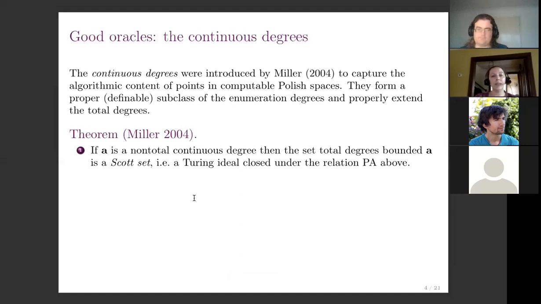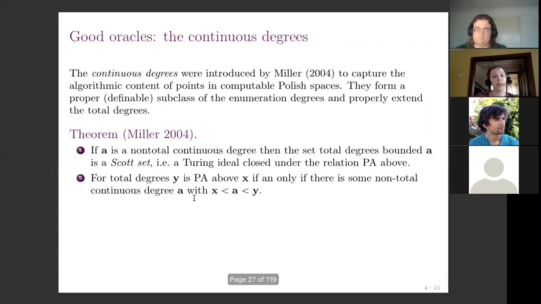It's natural to wonder what their properties are with this relation, because we already know that they behave well with respect to the relation PA in particular. We know that non-total continuous degrees have the interesting property that the set of total degrees that they bound is a Scott set, which means that it's a Turing ideal, closed under less than and join, that's clear, but it's also closed under the relation PA.